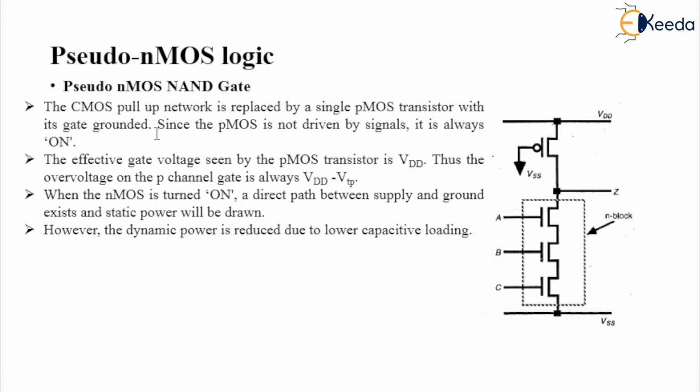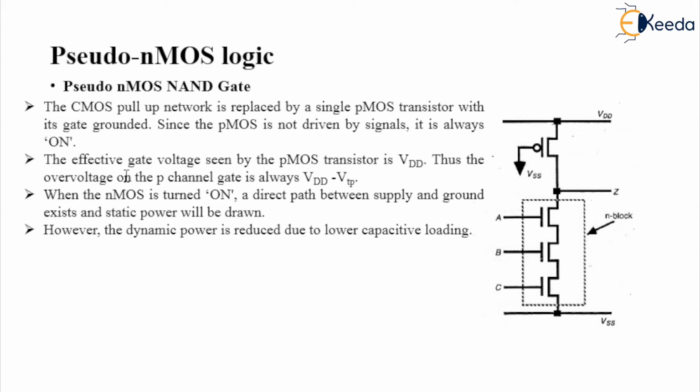This gate is connected to ground potential, so it will always be turned on. Since the PMOS is not driven by any signals, it will always be turned on.